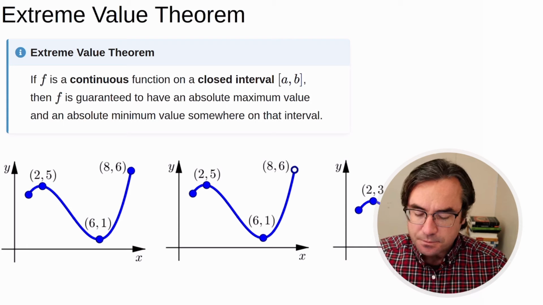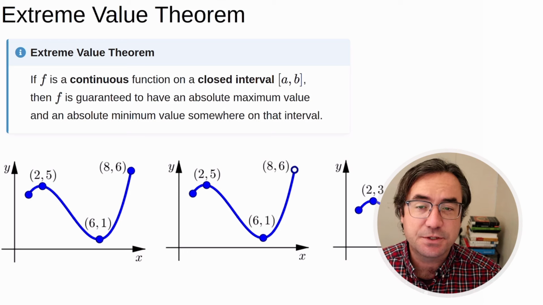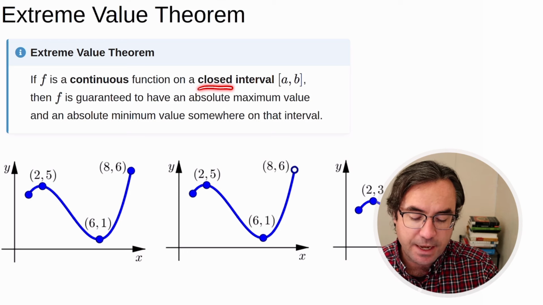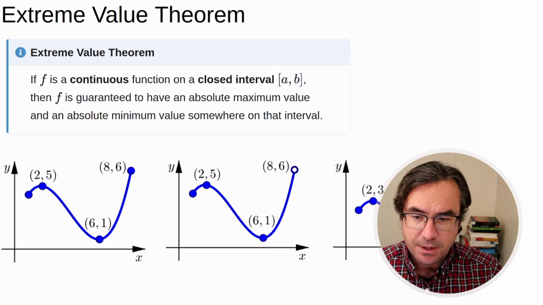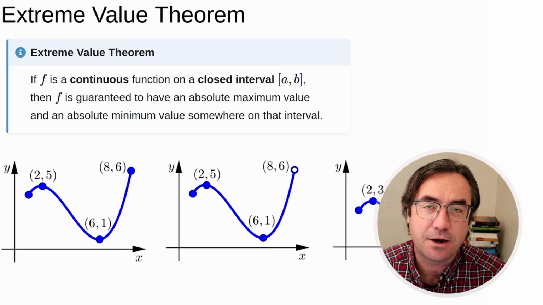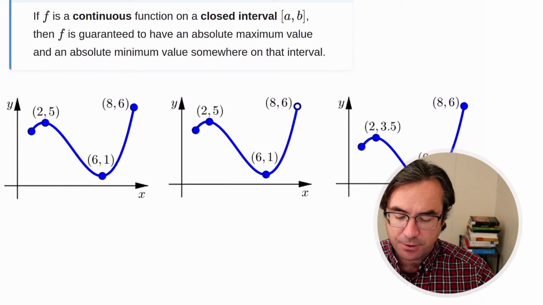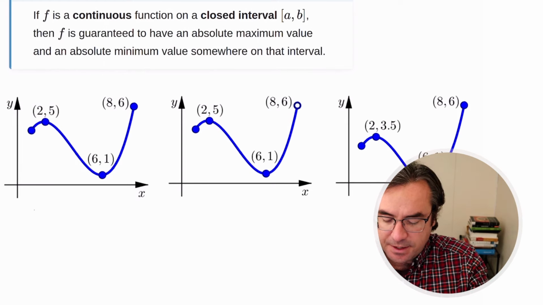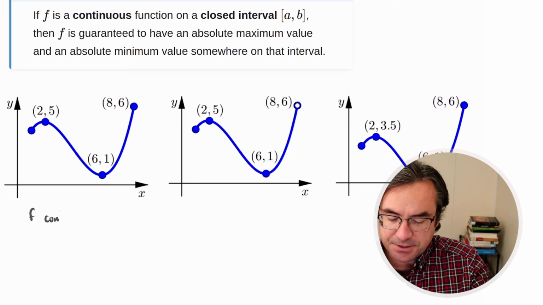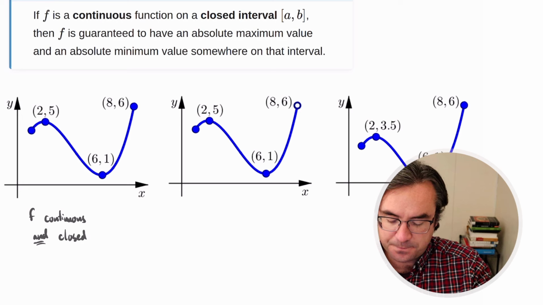The first graph here is an example of a continuous function on a closed interval. We can tell that because we have the endpoints on our curve. In this example, our function is continuous, and we have a closed interval.